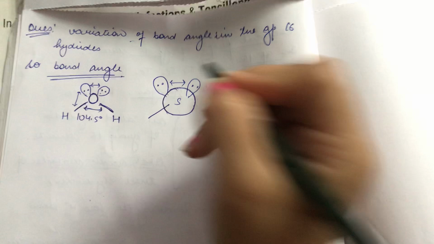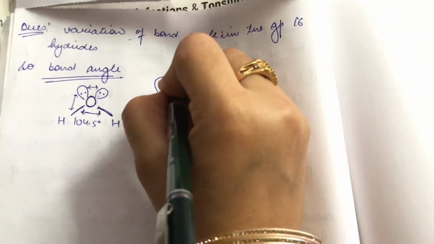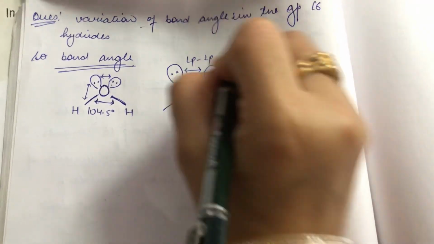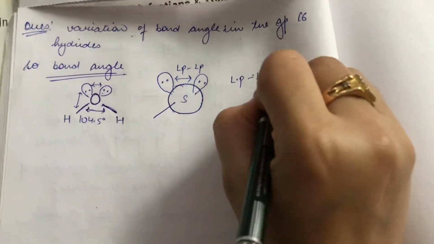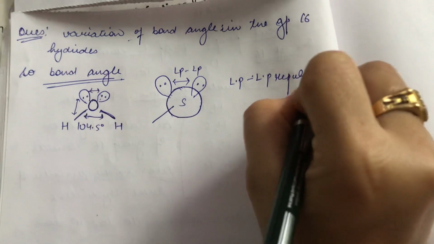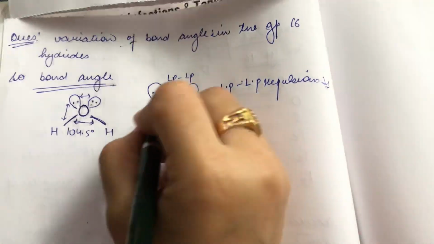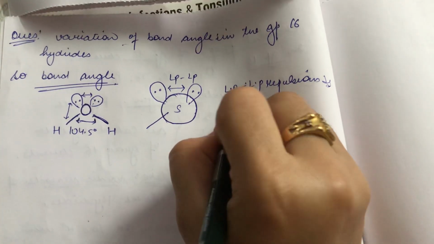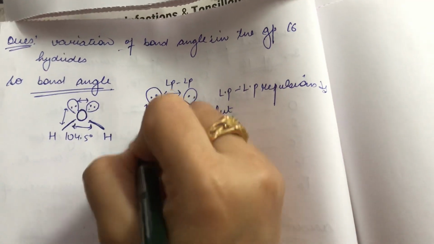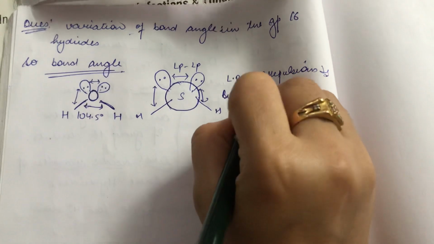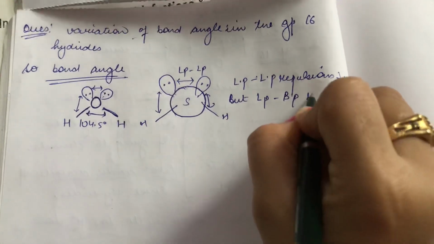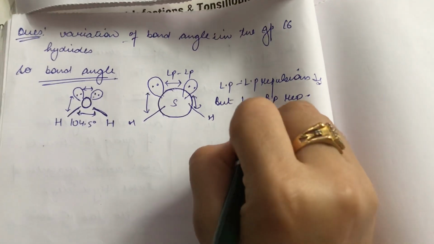Hence bond pair-lone pair repulsions, lone pair-lone pair repulsions decrease, but lone pair-bond pair repulsion increases.